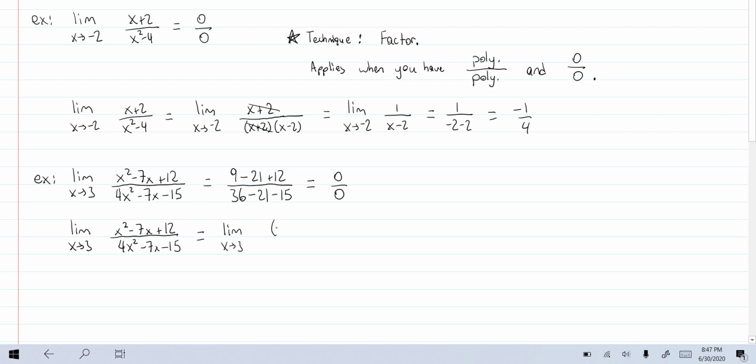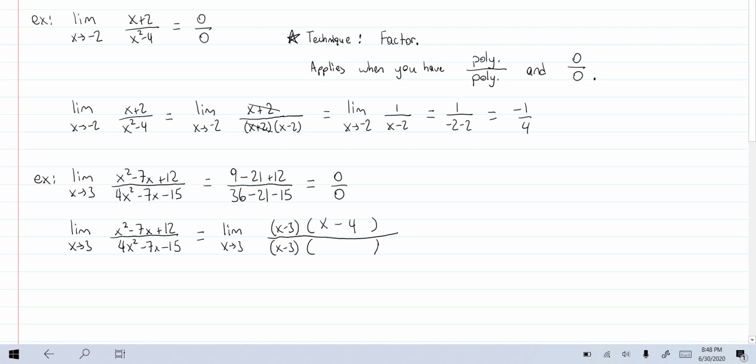That means that x minus 3 should be one of the factors in each of these polynomials. So that helps us, we already know one of the factors for each of the polynomials. In the numerator, it looks like the other factor will be x minus 4.